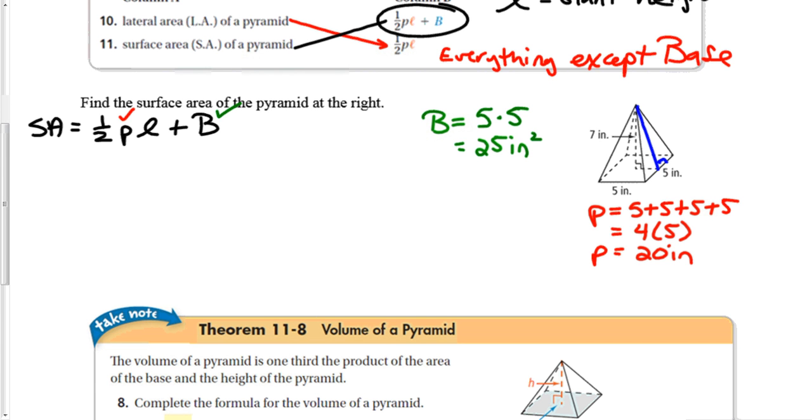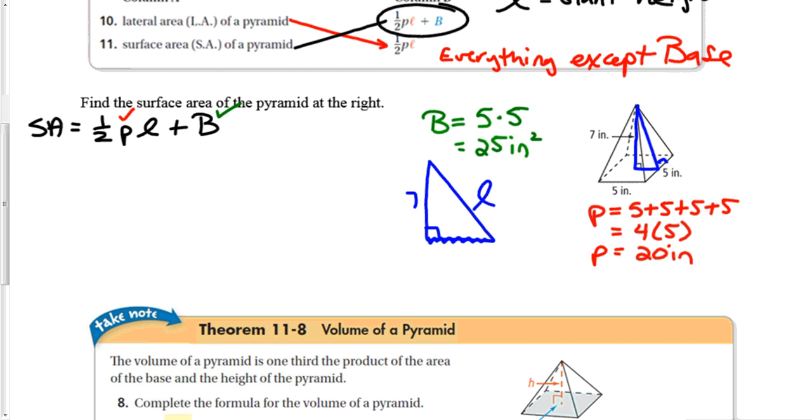Now the triangle that I'm going to use for my slant height, I'm going to draw in blue. I'm going to use this right triangle here. So I'm going to redraw that right triangle just to get it out of the way. I know that 7 is the straight up and down height. What I'm trying to find is this right here, and what I need to know is, how big is this?